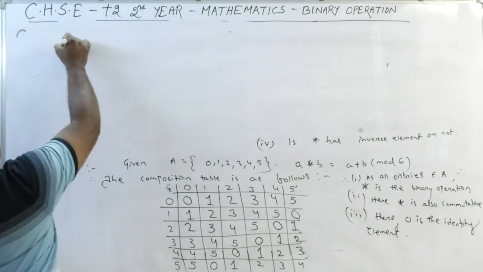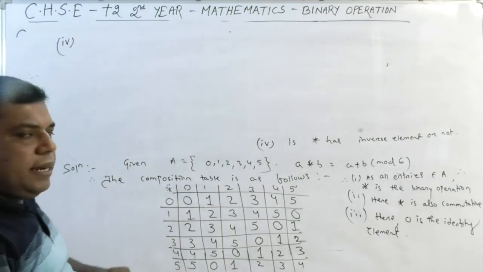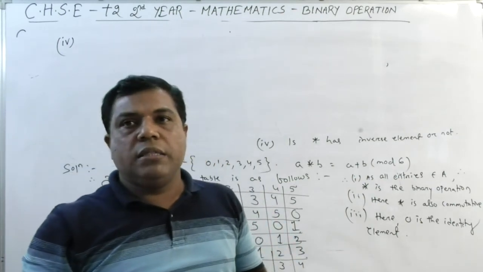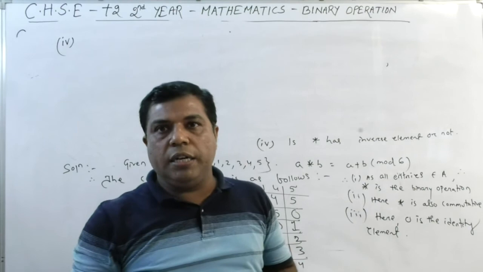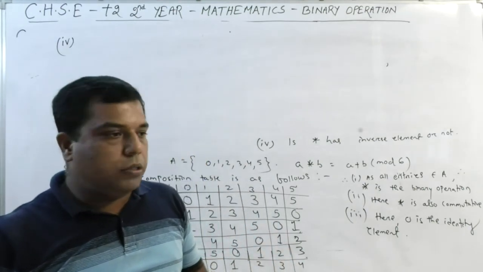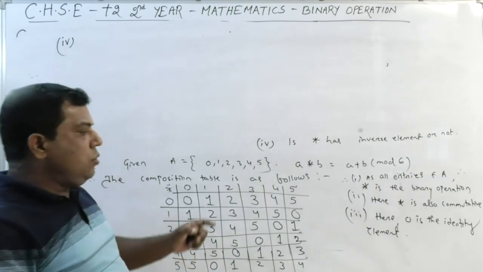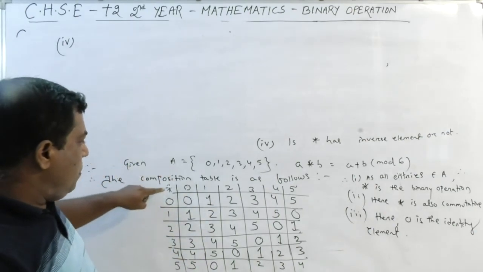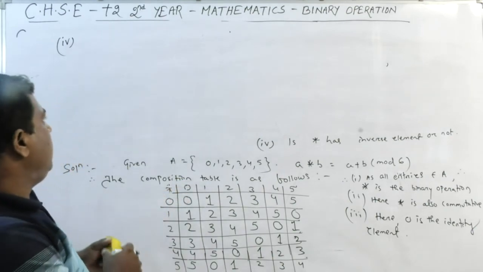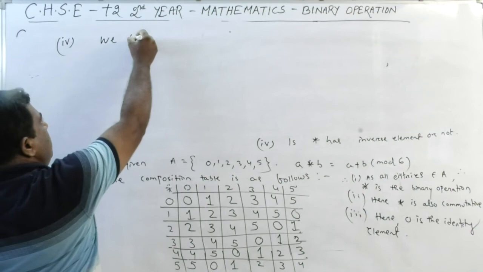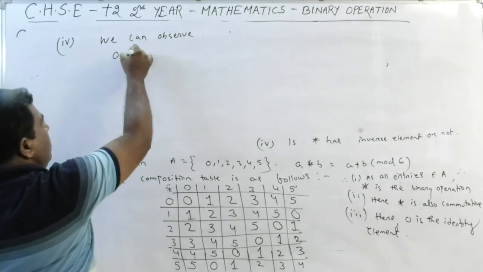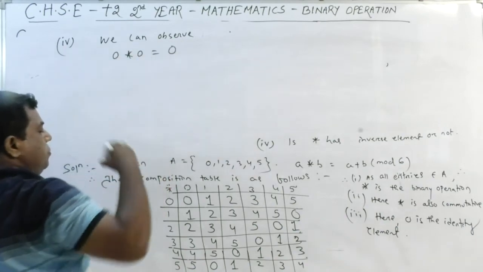As you can see, inverse means what? Inverse means after the process the result is equal to the identity, then the elements are inverses of each other. That is the meaning of inverse. Yes or no? So you see here 0 is the identity. So 0 operated with which element is equal to the identity? We can observe 0 operated with 0 equal to 0.